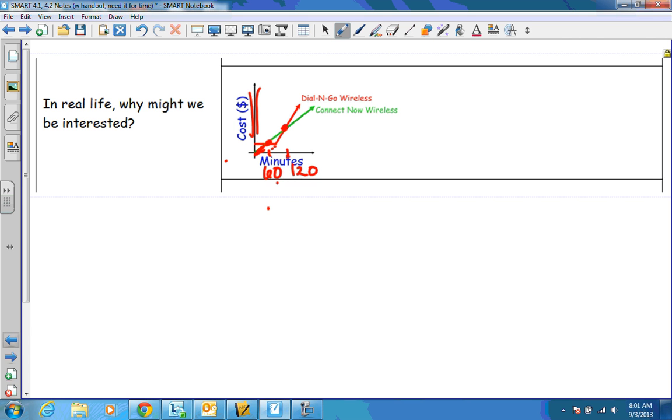If I talk between 60 and 120, then this is now less expensive, which is the dial and go. If I talk 120 or more, then this is less expensive. So finding where they intersect can show me which can be a better price, right? Okay.